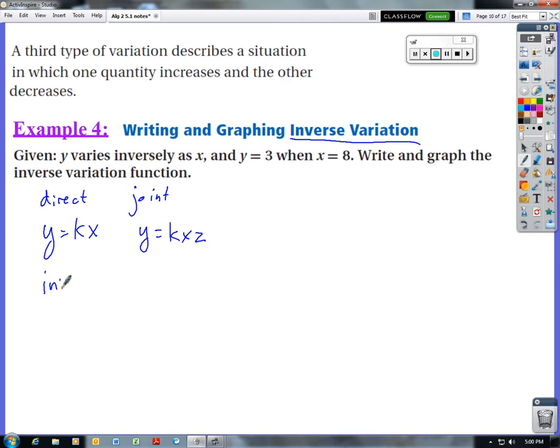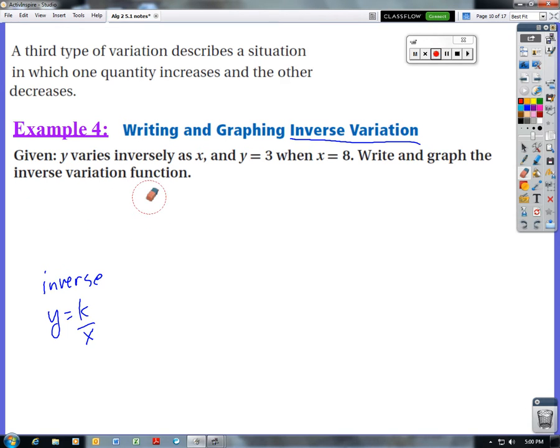For inverse, it's y equals k over x. So x and y are inversely related, not directly related like direct and joint. They're inversely related. So this is your magic formula for these problems, okay?